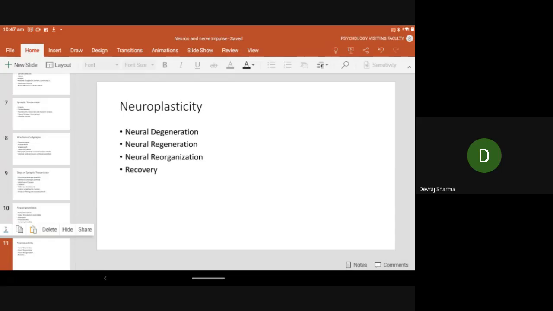It is another important point of this unit, neurons and nerve impulse. The brain keeps changing in the course of a person's life, with changes in synaptic activity as well as genetic and environmental influence.